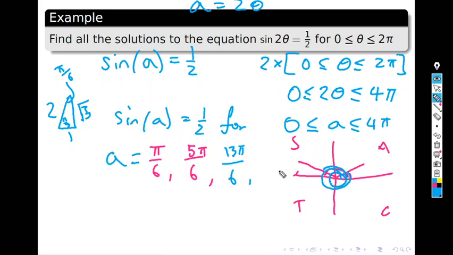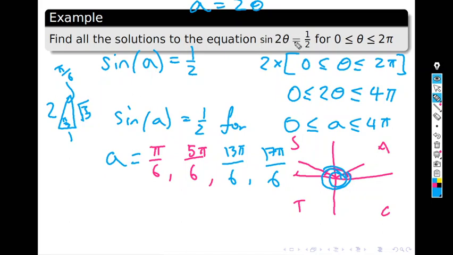And then we're also allowed to have all the way around and back to an equivalent of our second solution. So 3 pi in terms of pi on 6 is 18 pi on 6, and we're taking away 1, so 17 pi on 6. And those are our values for A.